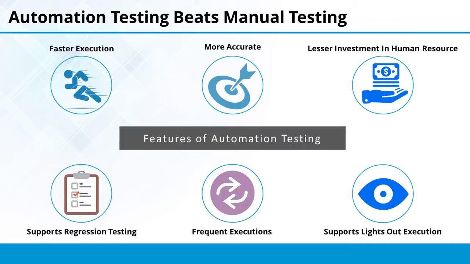So even if you're not there, maybe you're attending some important meeting, or working on some different project, the testing still happens. This is the power of automation. You don't have to be physically there. You're saving on time. You're saving on money. So many things you can achieve.